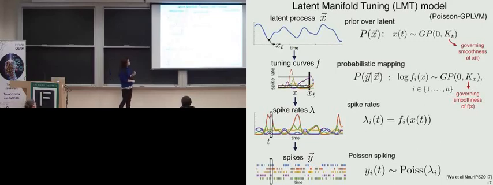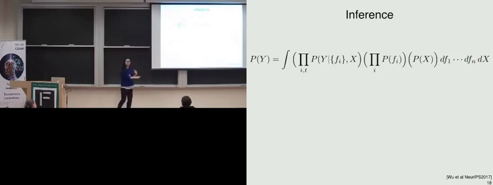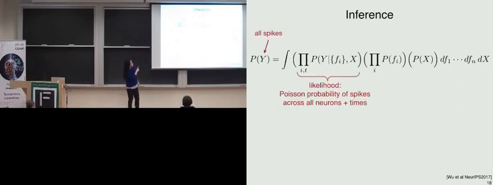Okay, so here I'm just going to briefly talk about this. This is probably too technical. I'd love to discuss this if you have interest, but the high-level idea is we can write down the marginal distribution P(Y), which is the distribution for spike trains, as the integral over these three components. The first component is the Poisson probability of spikes across all neurons and times. So this is just the Poisson spiking model.